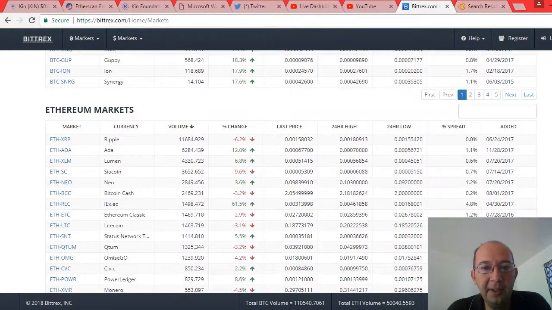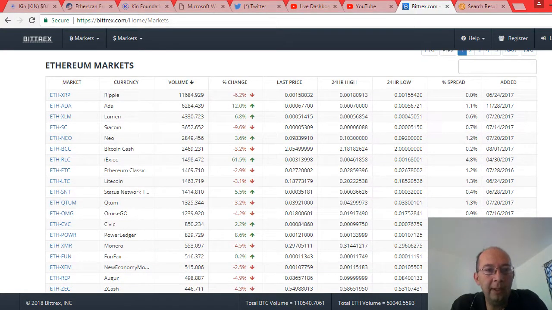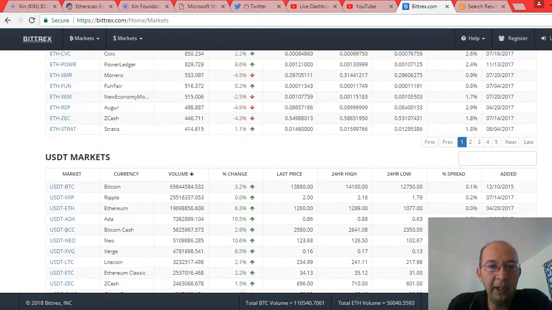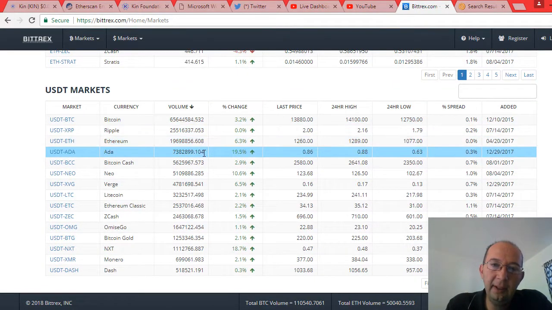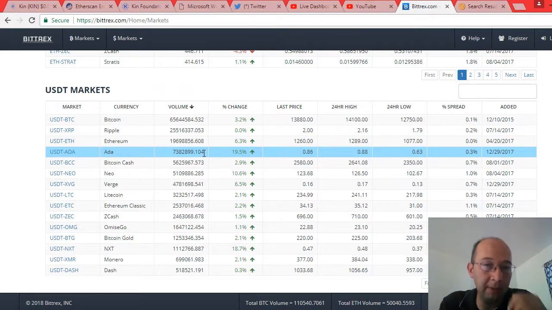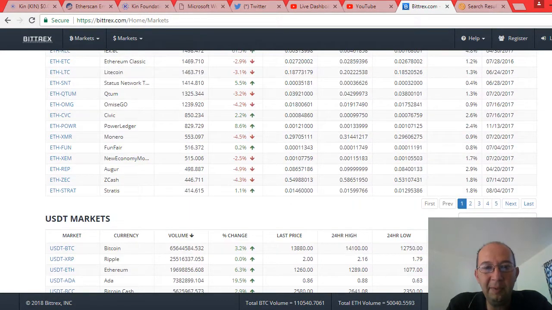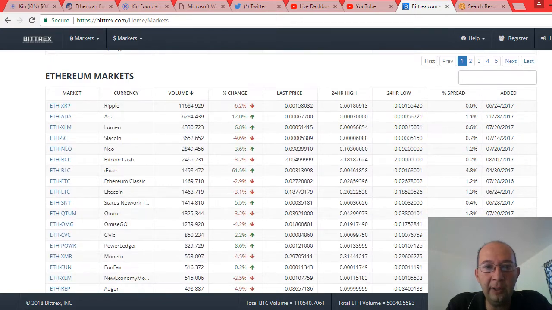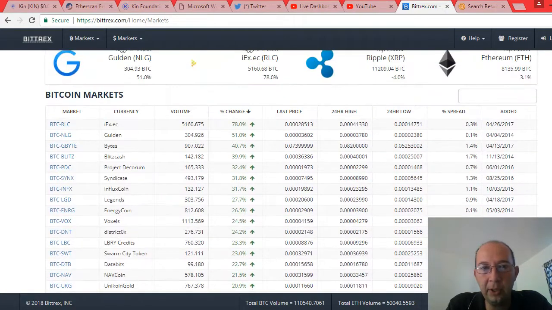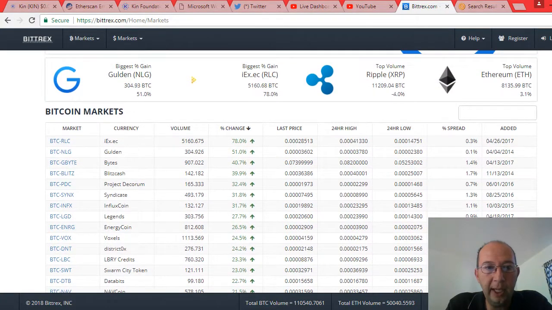And the reason is somehow that coin was holding value and Bitcoin started dropping. So in order to keep its same USD value, it actually becomes more valuable in Bitcoin because Bitcoin becomes less valuable.